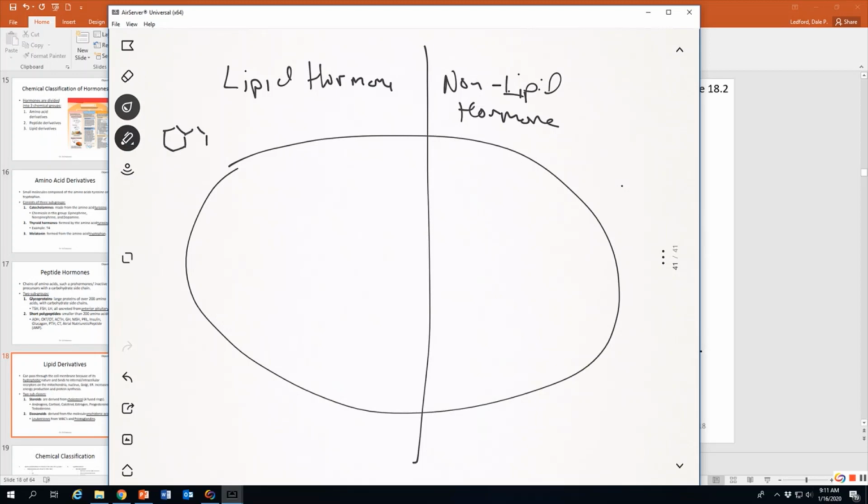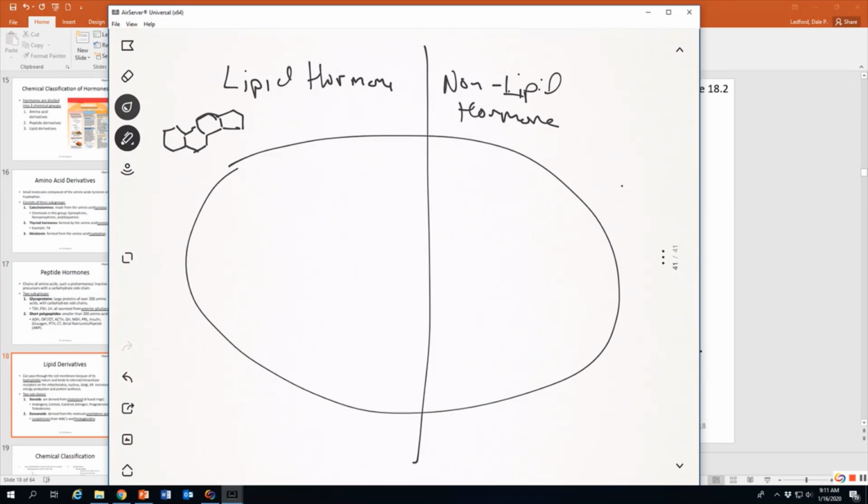Now, if you have me for AP1, you should know, based on this sketch, what kind of molecule this is. Because you were asked on a test, what is a class of lipid consisting of 4 fused rings, 3 6-carbon rings and 1 5-carbon ring, and that would be a steroid.